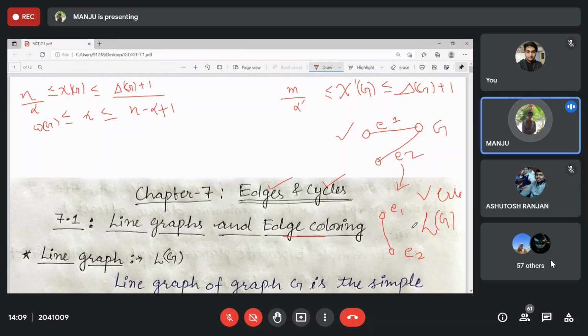Because edges become vertices over here. Either you can assign colors to edges, or you can assign colors to the vertices over here. Then it will be the same, right? In that sense, chi dash of G will be the same as chi of L of G, the line graph. Clear?